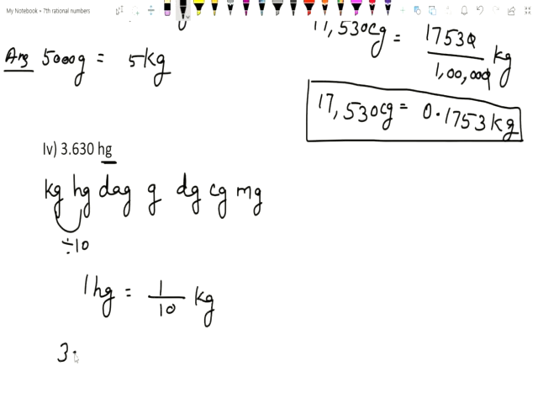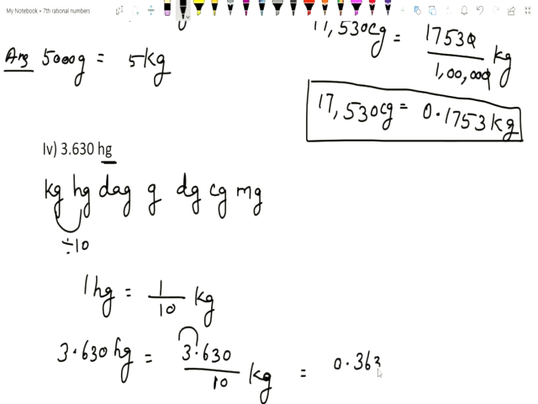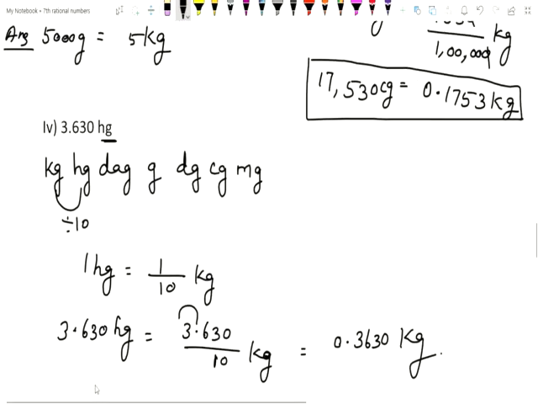So 3.630 hectogram equals 3.630 divided by 10 kilogram. Here the denominator has 1 zero, so the decimal place will move one place. So 0.3630 kilogram. You understand, children? Okay, see the next one.